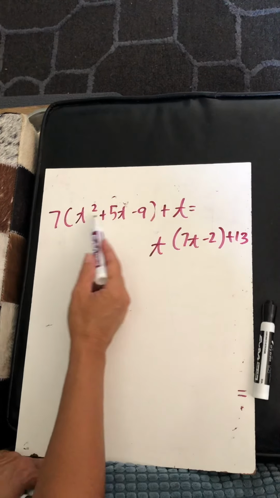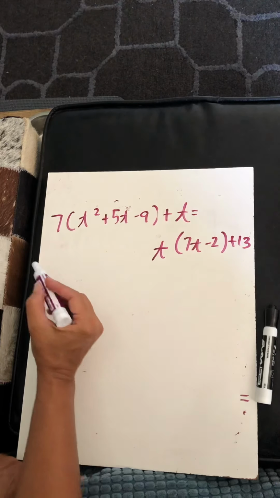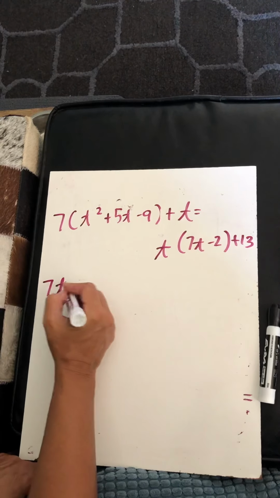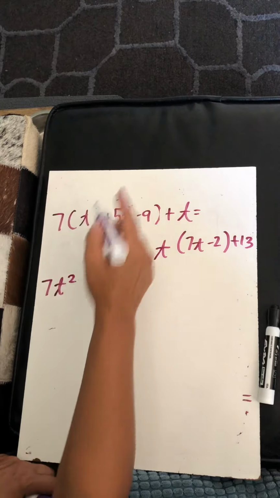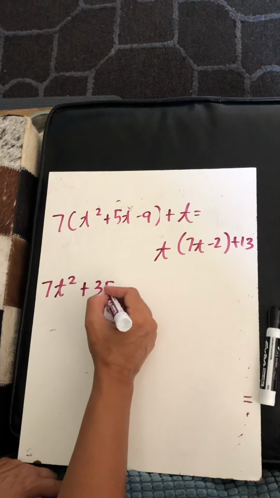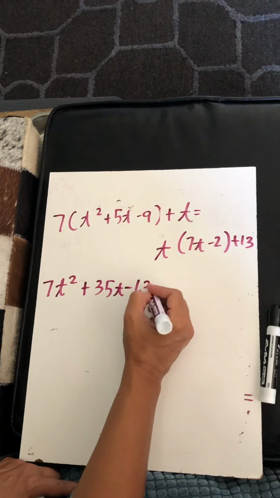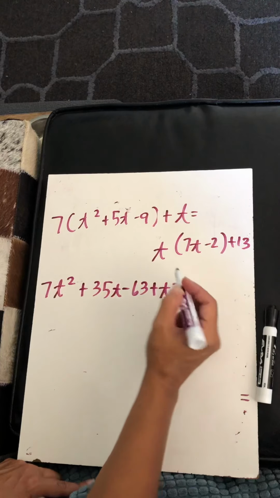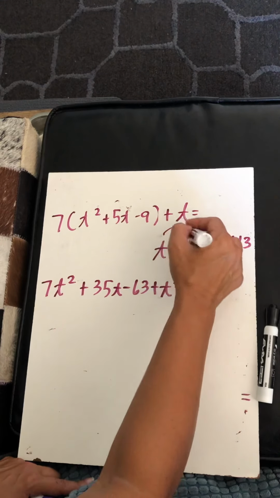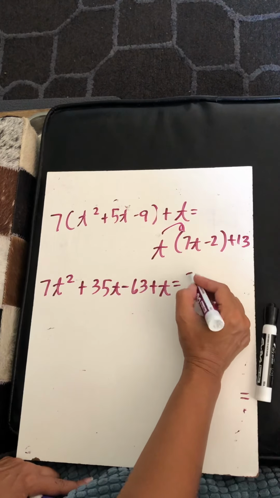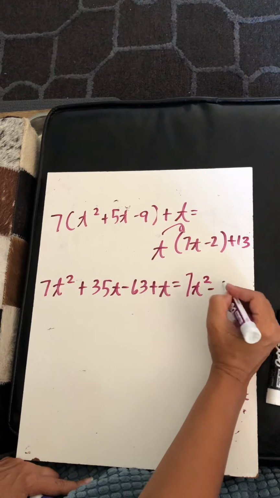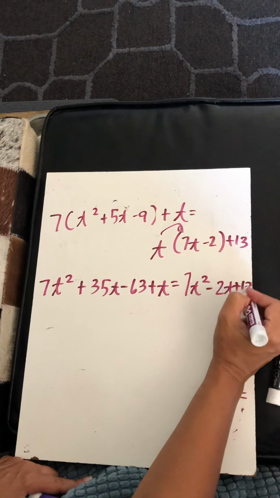So we're going to simplify by getting rid of the parentheses. So 7 times t squared will be 7t squared, and then continue to distribute the 7: plus 35t minus 63 plus t. On the right side, go ahead and distribute this t. So we'll have 7t squared minus 2t plus 13.